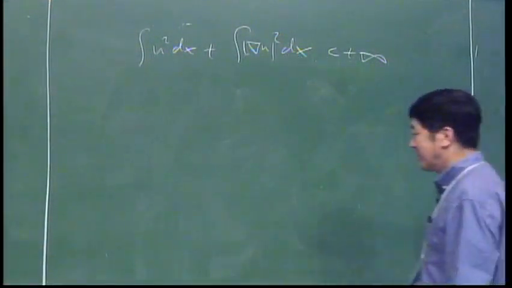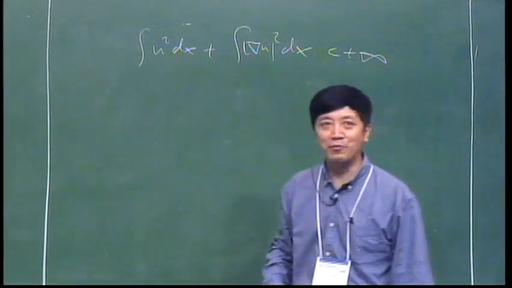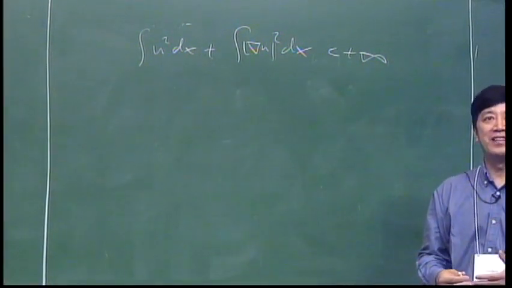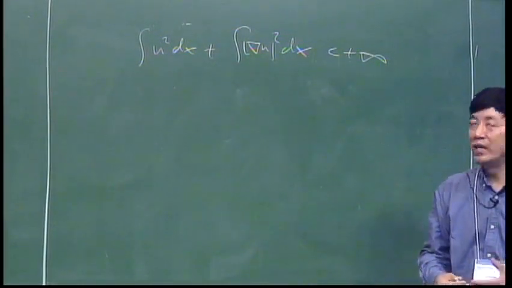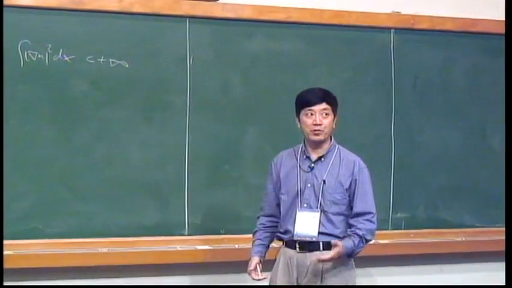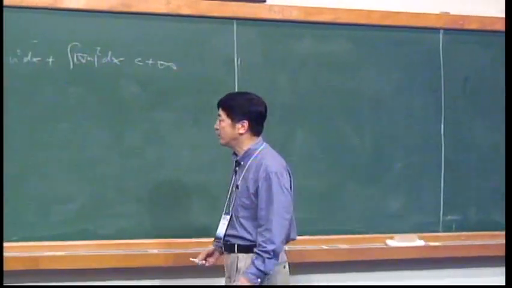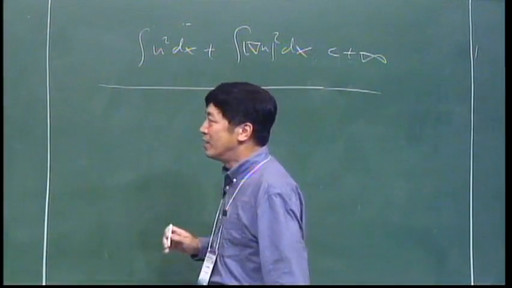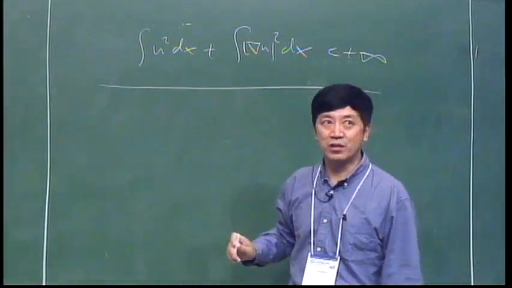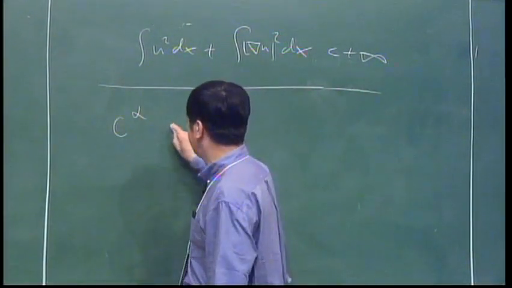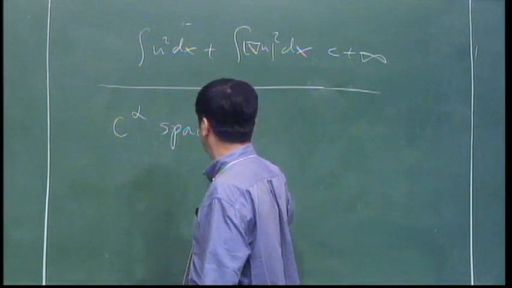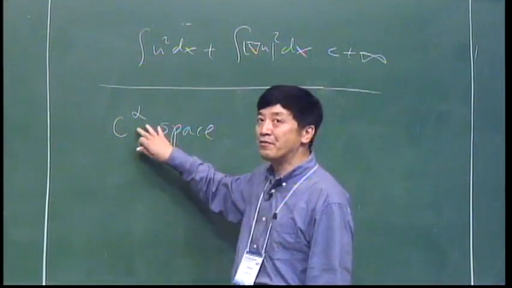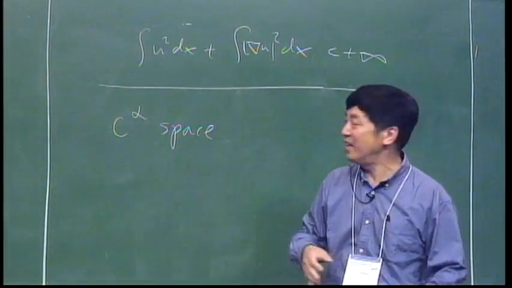To understand that, I won't give you a proof. I just try to show you a reasonable understanding, and I hope you agree, and that helps everybody to remember the Sobolev embedding. So before I do that, the C alpha space is crucial for understanding all these kinds of businesses. I will show you in my next lecture.